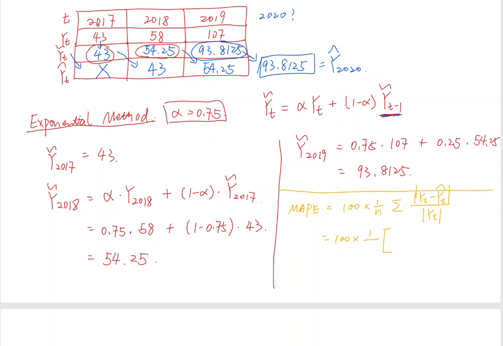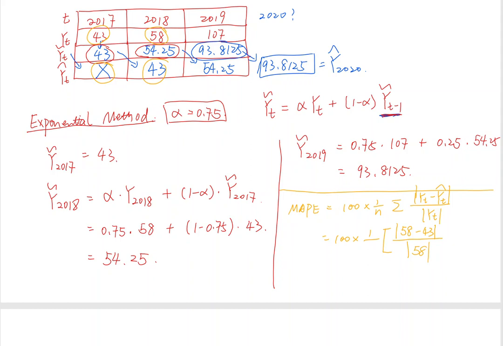So for 2017, do you have the pair? No, right? So you don't have the value for yt hat for 2017. Do you have the pair for 2018? Yes, right? So for 2018, the term will be yt, which is 58, minus yt hat, which is 43, divided by 58.